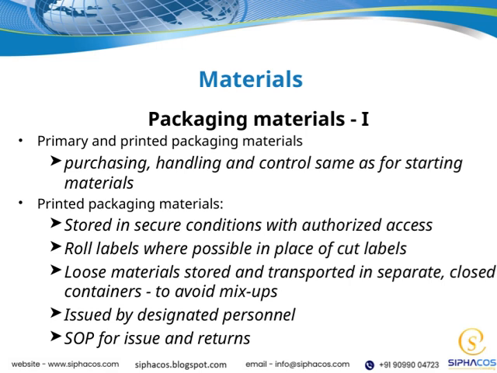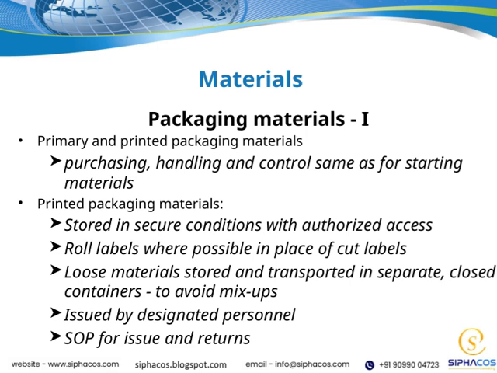Whenever possible, it's recommended to use roll labels instead of cut labels. Roll labels are easier to handle and can reduce errors during labeling processes. Loose materials should always be stored and transported in separate, closed containers to avoid mix-ups. This is crucial for maintaining traceability and preventing contamination or errors.